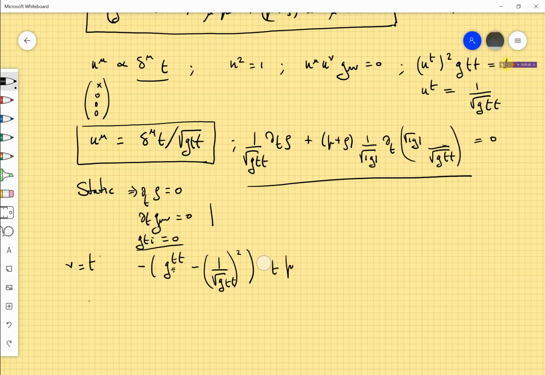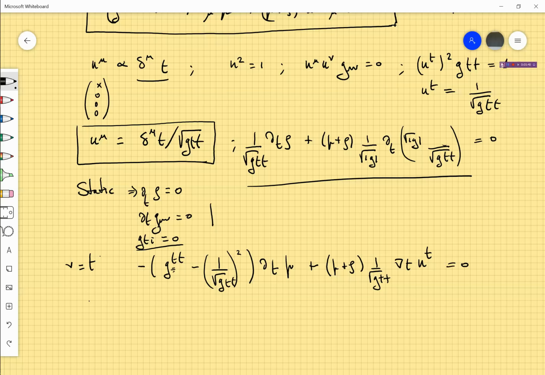Okay, and again, this nabla can be replaced by a partial derivative plus p plus rho, and again 1 over g_tt, nabla_t of u_t.